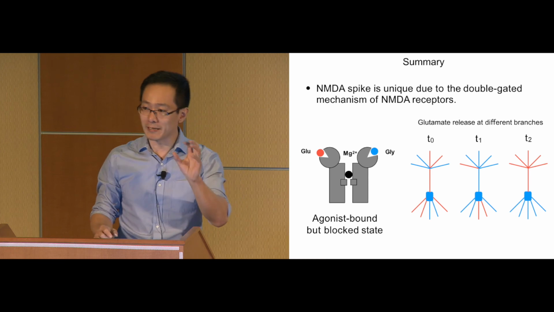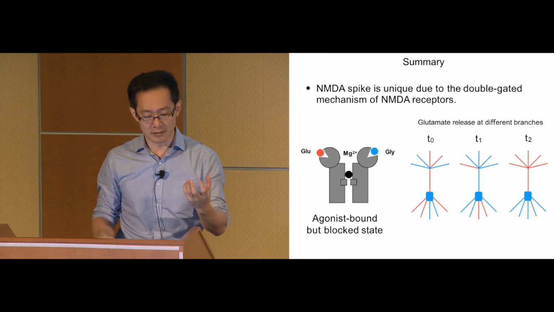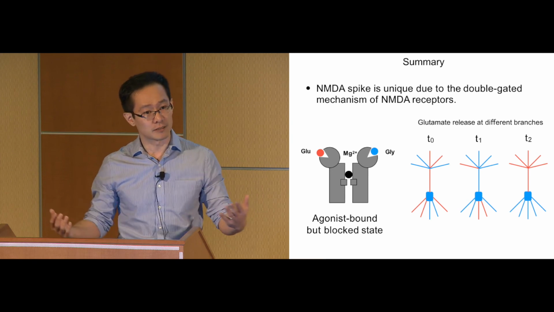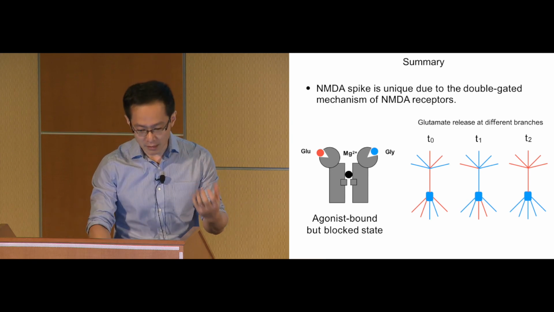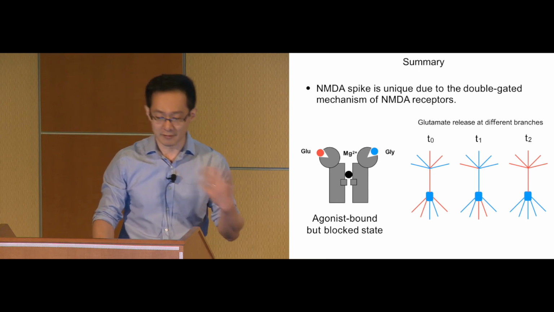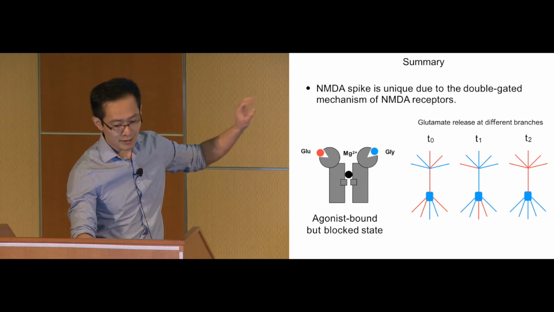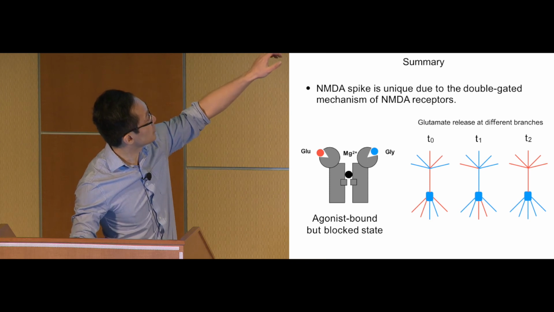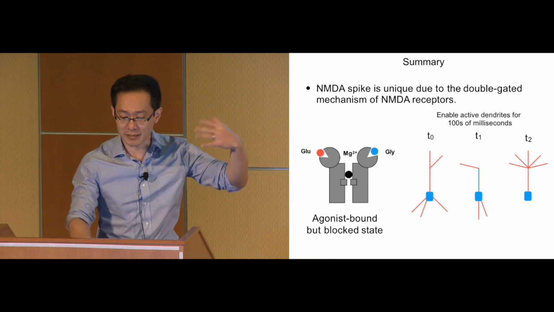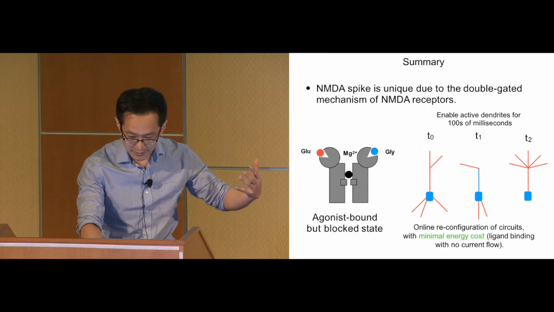After the glutamate is bound to the receptor, it's primed, but it's magnesium blocked. So with magnesium, you record no current. And this primed state can encode very important things in the dendritic branch. At different times, glutamate can prime different branches and enable those branches to be potentially active.